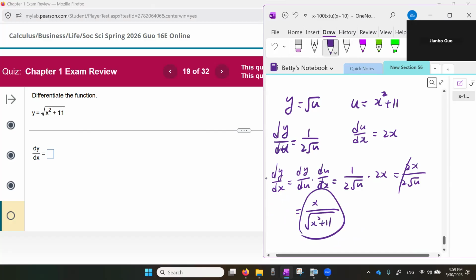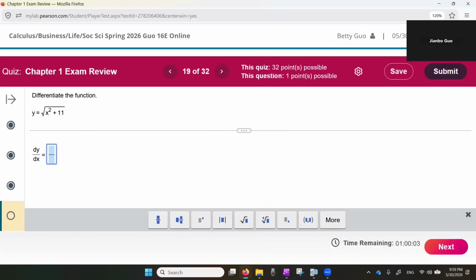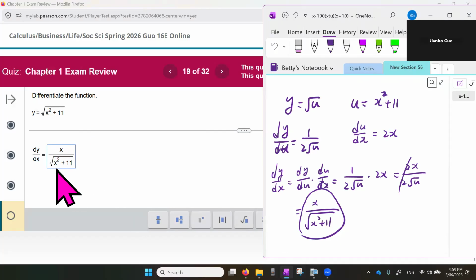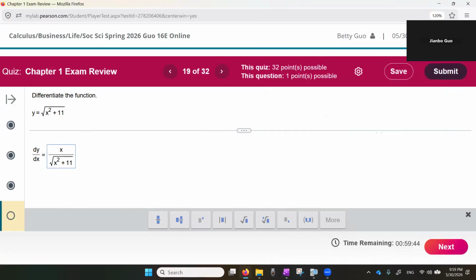So this is the answer. x over root of x squared plus 11. Double check. Next.